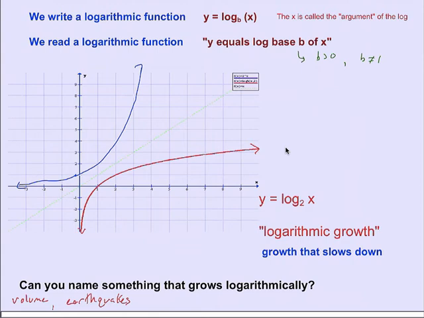If you've heard of the Richter scale, the Richter scale would be the y value up here, and the x value would be, we'll call it the size of the earthquake, or the strength of the earthquake would be a better word. An earthquake has to be very, very, very, very strong to make the Richter scale go up, because the growth slows down over time.